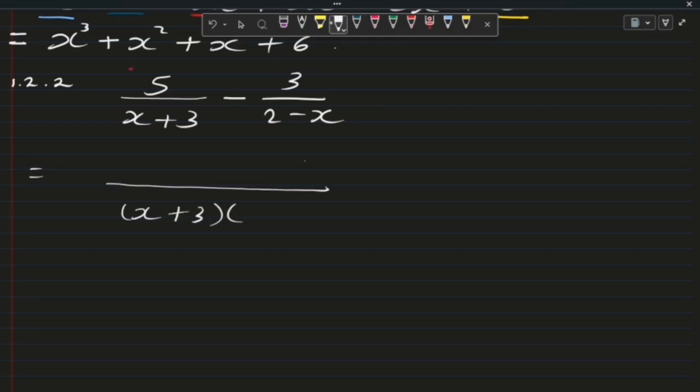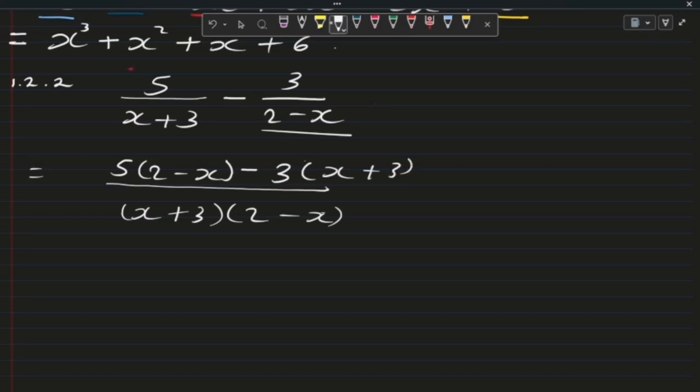According to the laws of fractions, whatever we do at the bottom, we have to do at the top as well. So this guy has to be multiplied with this denominator, 2 minus x, and then that guy, minus 3, has to be multiplied with this other denominator, which is x plus 3.